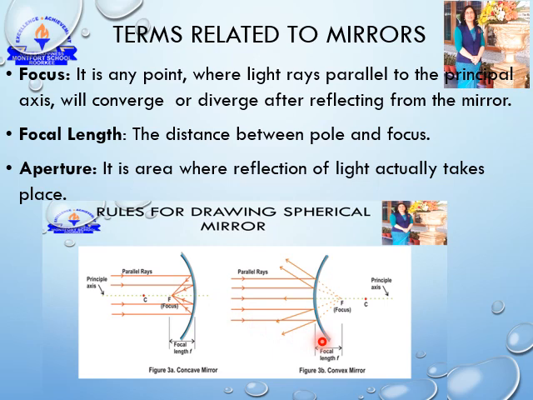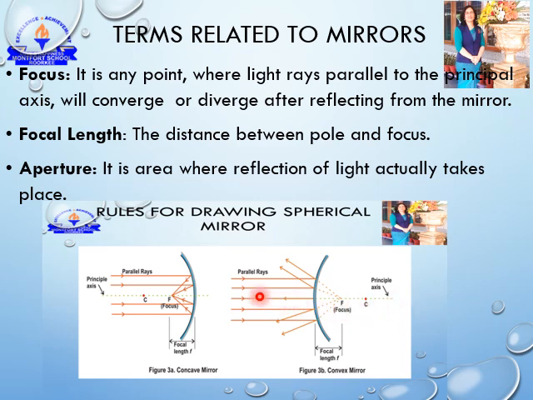Now, let us talk about the convex mirror. Here, the diagram of a convex mirror is shown to you. This is a convex mirror whose inner part is polished and outer part is the reflecting surface. Then you have the center of curvature and pole. Draw a line passing through the pole and center of curvature, which will be the principal axis.